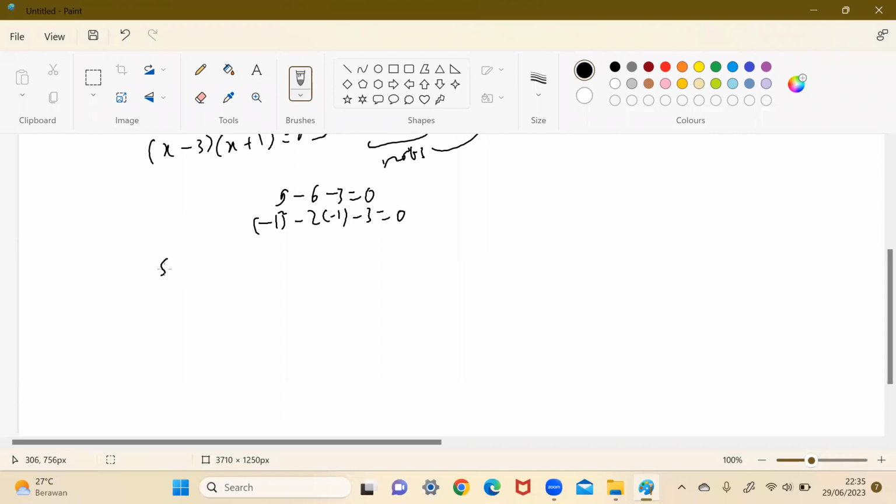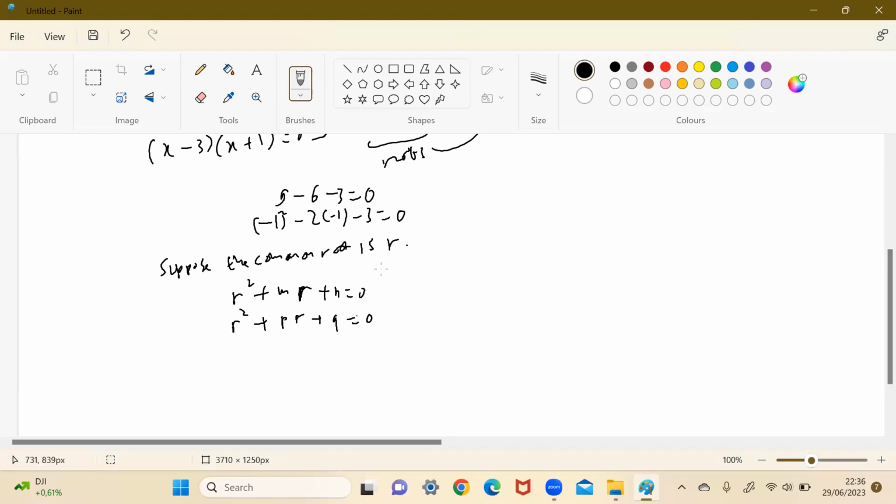Now we want to suppose that the common root is r. What this means is if you plug r into both of the equations, you obtain 0. So r squared plus mr plus n is equal to 0, and so is r squared plus pr plus q equals 0.